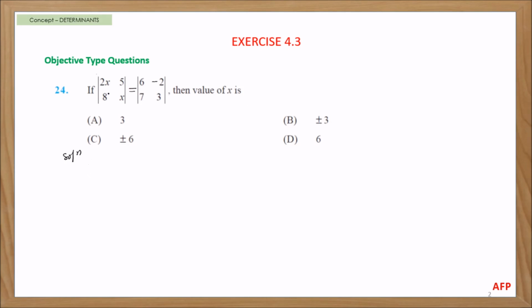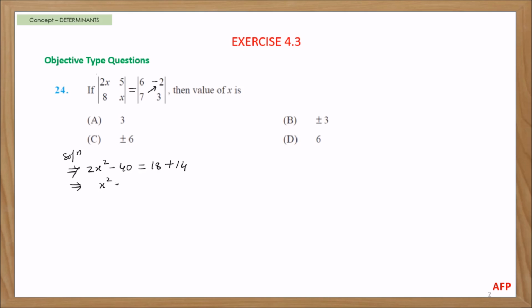Solution. So cross multiplication: 2 into 2x into x, 2x square minus 40, 8 into 5, is equal to this 18, and if you cross multiply plus 14 you are getting. So this is what we have, expansion on both sides.